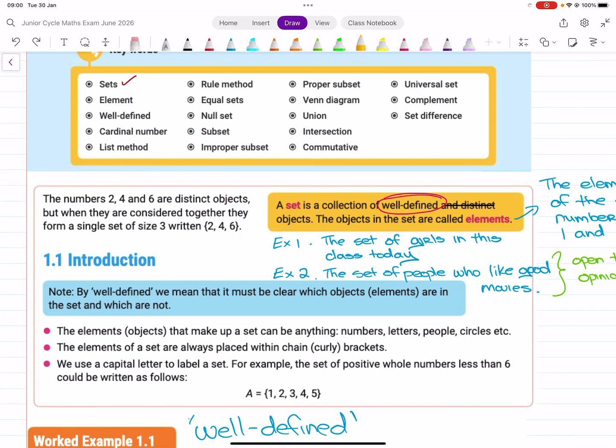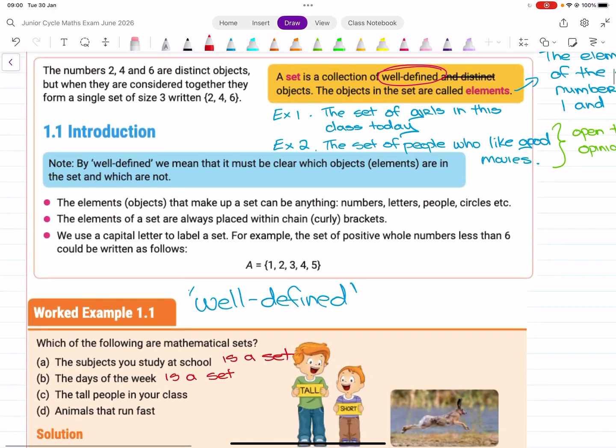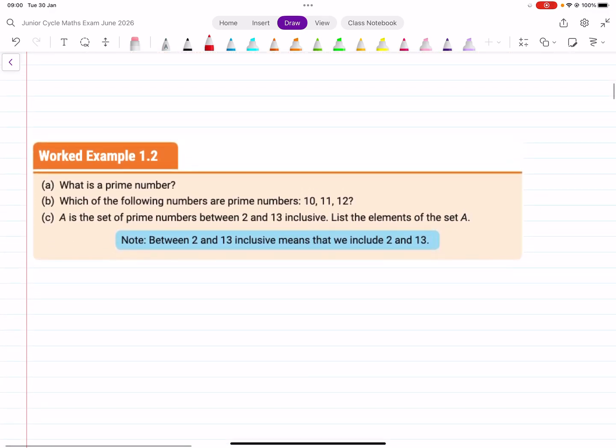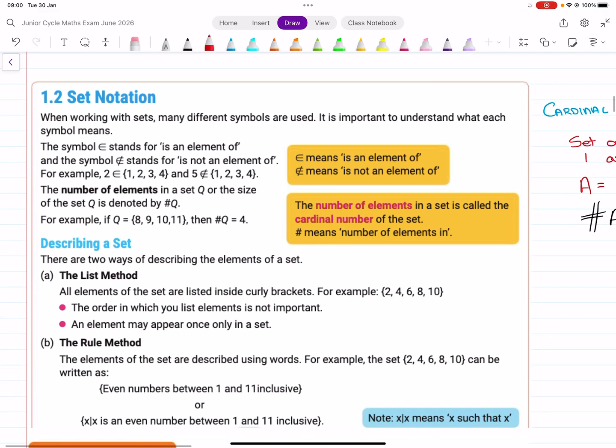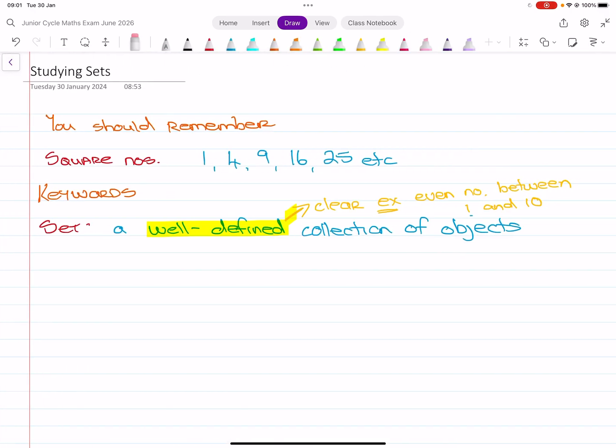So I'll do one more. I'm not going to do the whole chapter. So the next one is element. If I scroll down, I should come across element. Here it is. Okay, so element has a symbol. So we'd write down the symbol maybe.